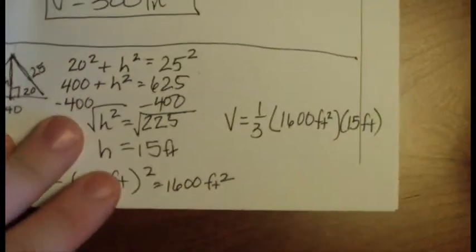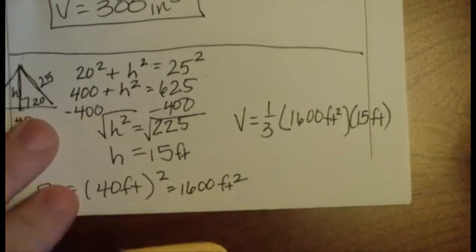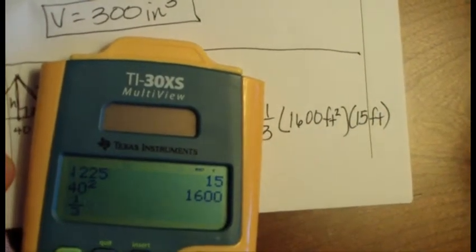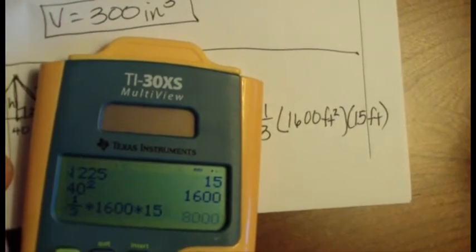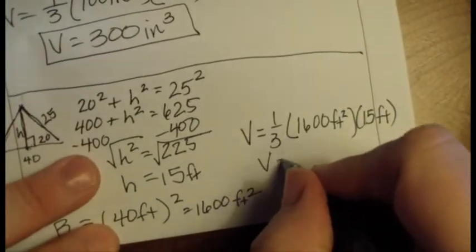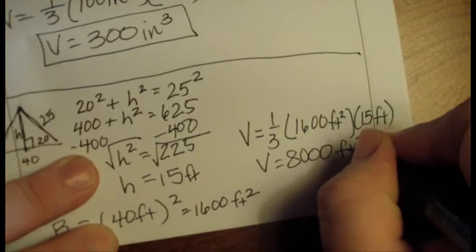So we've got 1/3 times 1,600 times 15. And we get 8,000. So the volume of our pyramid is 8,000 feet cubed.